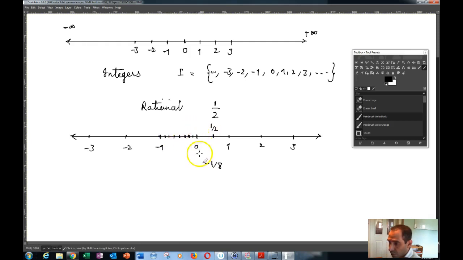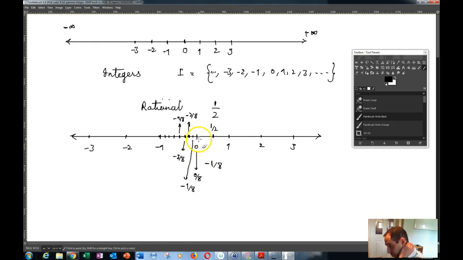And this would be 0/8. This number over here would be -1/8, this number would be -2/8, this would be -3/8, -4/8, and so on and so forth. So this would be -1/8, for example.